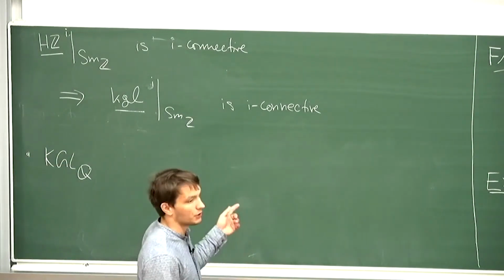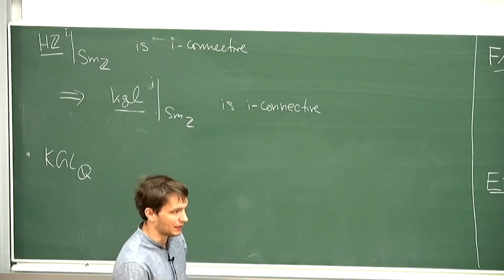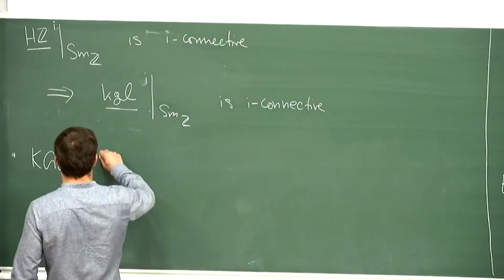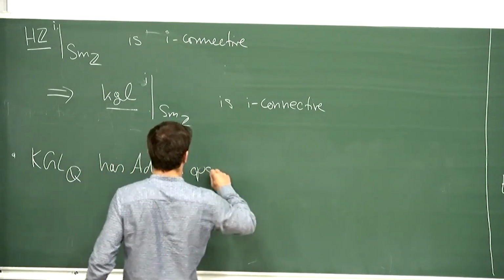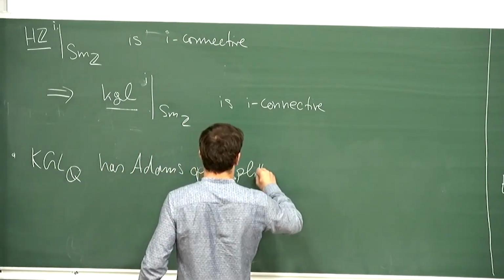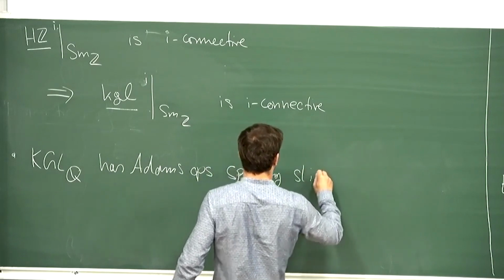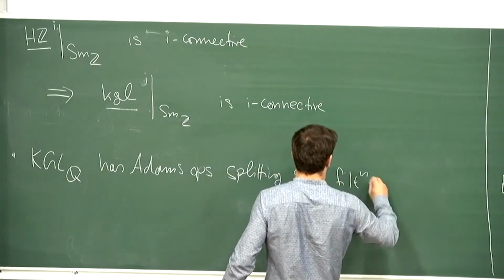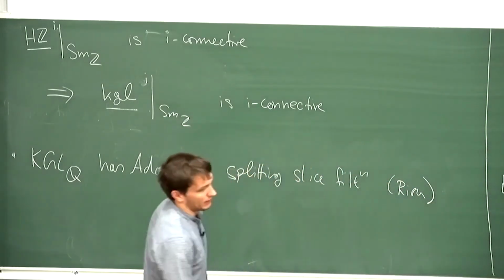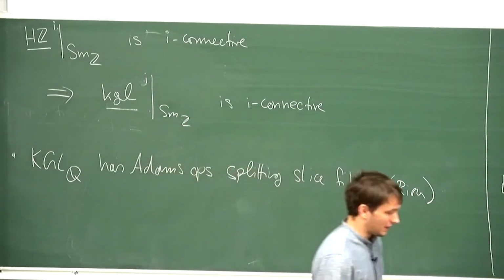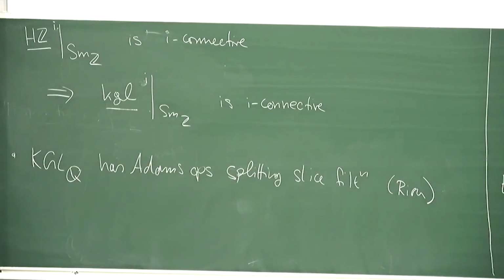So rationally, HQ will be a summand of KGL Q. Okay, so maybe that's enough preparation about these things. Yes, I will have to tell you more facts about HZ, but I will do this as I go along.